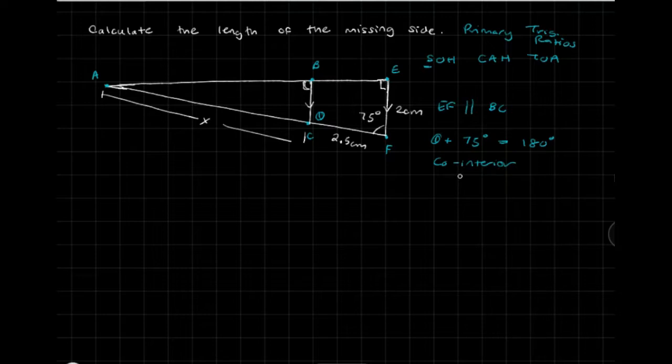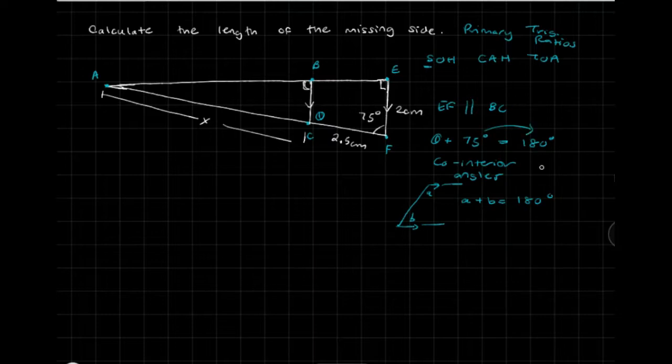Recall from previous math courses that co-interior angles create the C pattern as long as the lines are parallel, right? Angle A plus B should be equal to 180 degrees. So it creates a C pattern. That's what co-interior angles are.